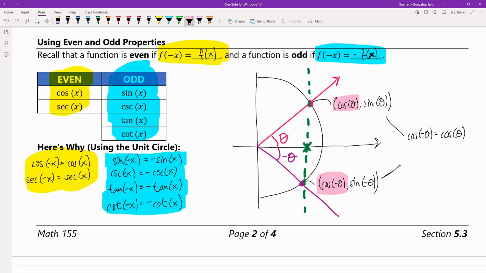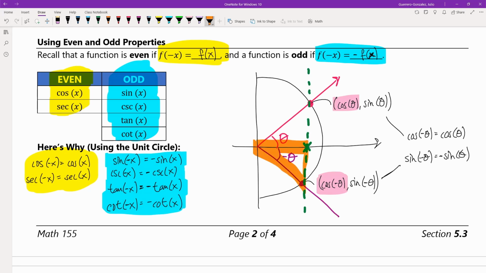But the other one, essentially saying this, right? You guys see these two triangles? There's this triangle, and then there's this triangle. Both of these triangles are exactly the same, right?